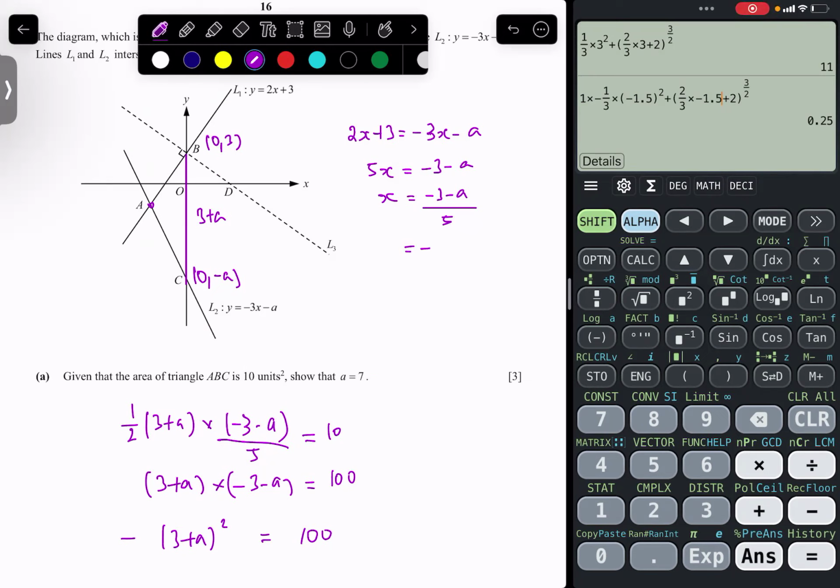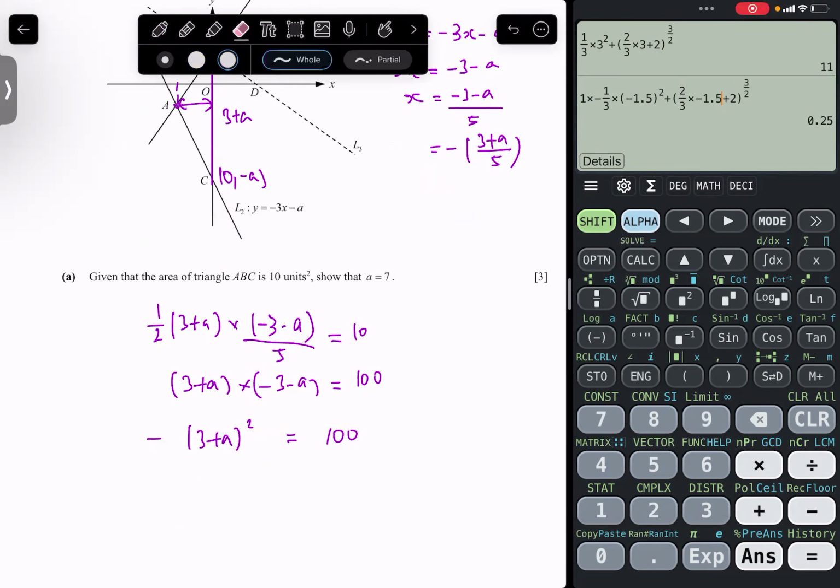Because this one is (-3 + a) over 5, because this is in the negative side of the coordinate, so we can discount away the negative sign. So it's supposed to be without the negative sign. So (3 + a) squared equals 100. 3 + a equals 10 or negative 10.